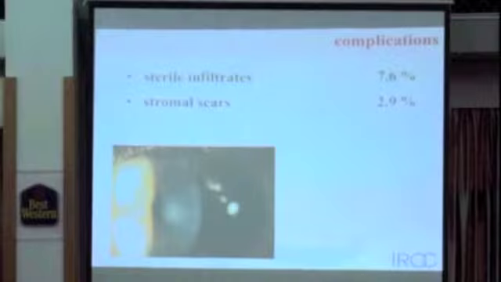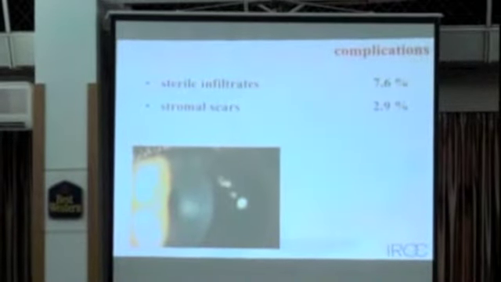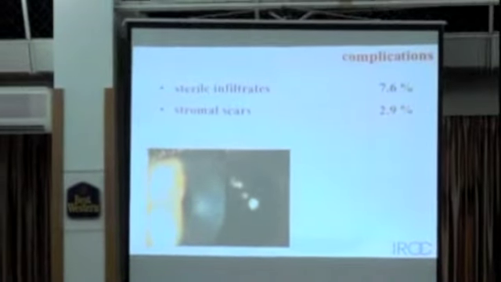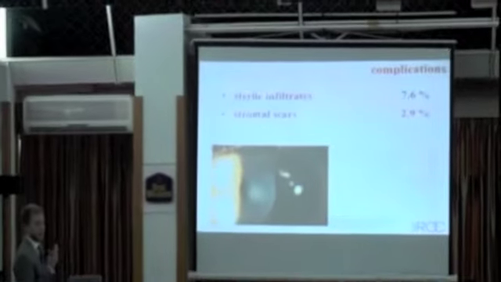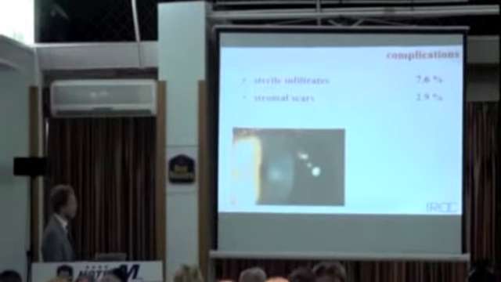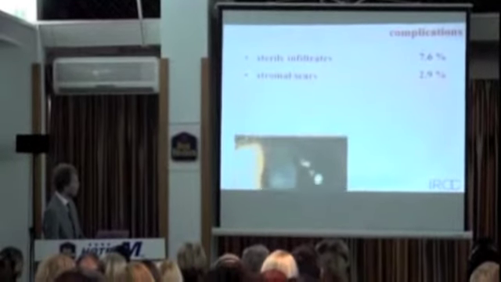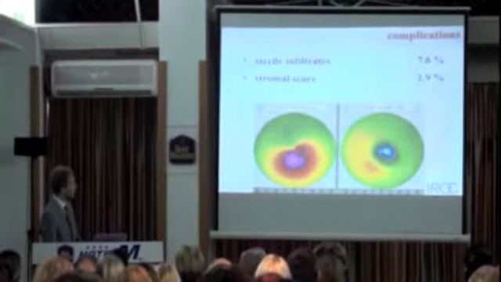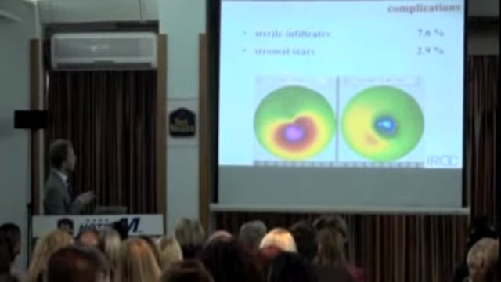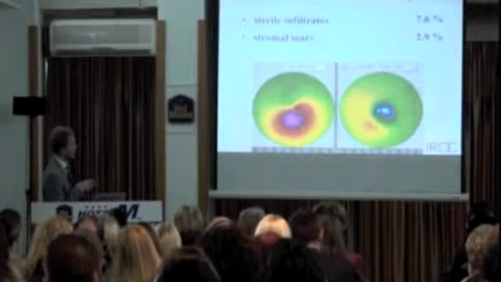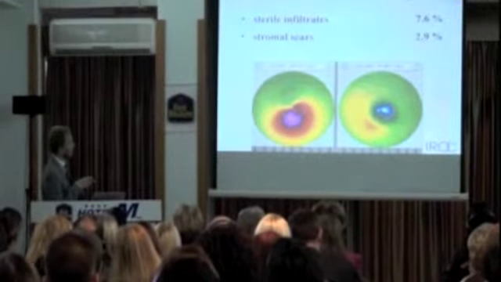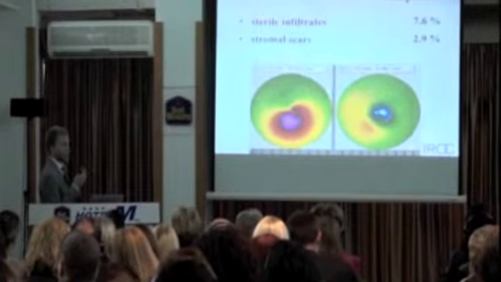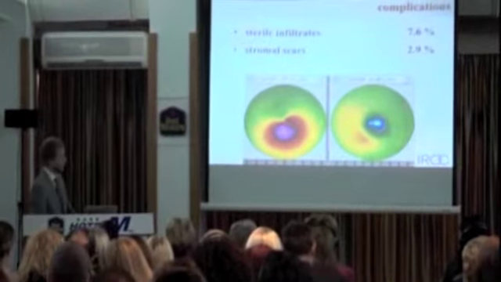The next thing that we see in about 3% are stromal scars, which you can see here. But this is not a complication, or not a complication as you think, because there is an advantage of stromal scars. Here you have the keratoconus before the cross-linking treatment, and here after. Due to the scar, there is a much stronger flattening effect in the cornea.